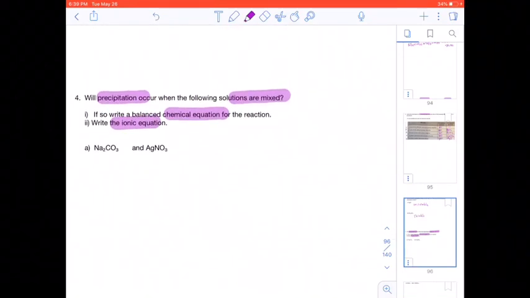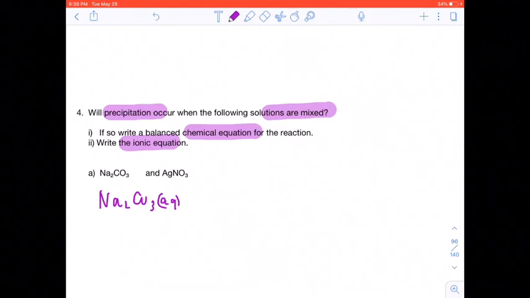Right. So if we look at this here now, we got sodium carbonate, right? So we got Na2CO3 aqueous plus AgNO3 aqueous.